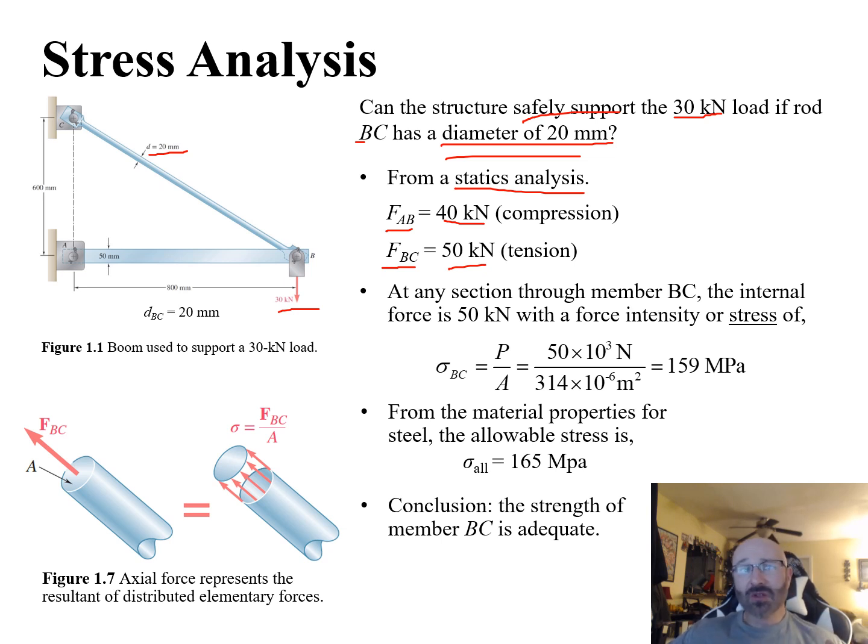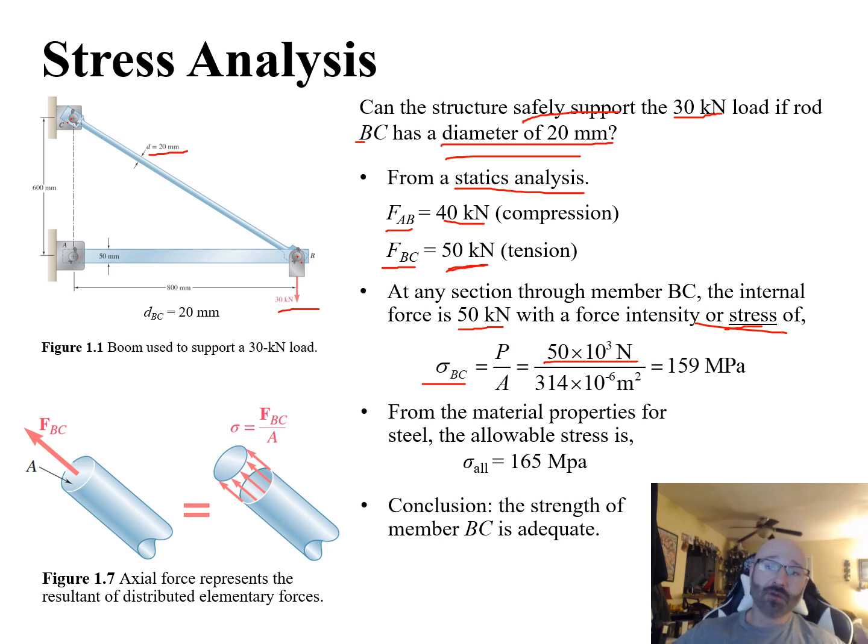So this tells us that at any section throughout the entire member BC, along the top, the internal force is going to be that 50 kilonewton tension force, with a force intensity, or stress, given by the following relationship. Recall our relationship between stress, force, and area. Our stress, sigma BC for member BC, is equal to our load over our area, where our load is 50 times 10 to the third newtons.